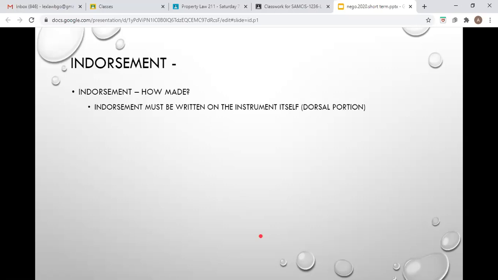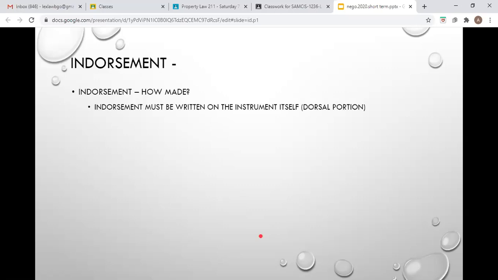Siguro nag-iisip kayo, you are entertaining questions in your thoughts right now. Sir, yun po bang payable to bearer instrument na sinabi mo kanina na it can be negotiated only by way of delivery? Is it possible that a payable to bearer instrument will be negotiated also through endorsement completed by delivery? Okay? So ulitin ko, payable to bearer, dapat i-negotiate through delivery only.